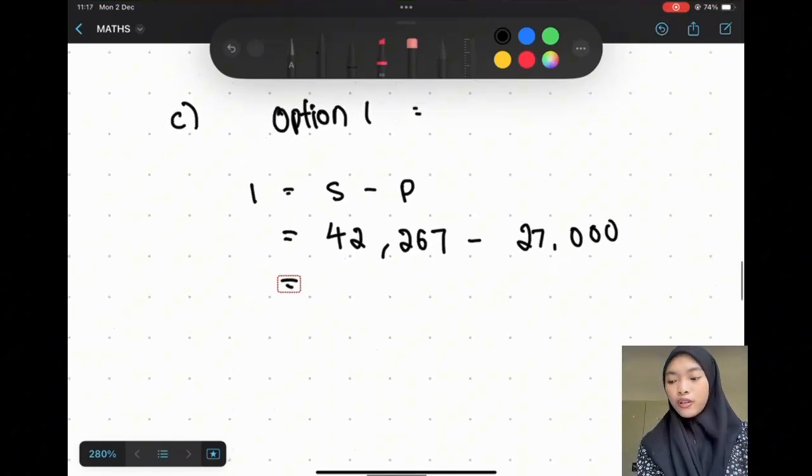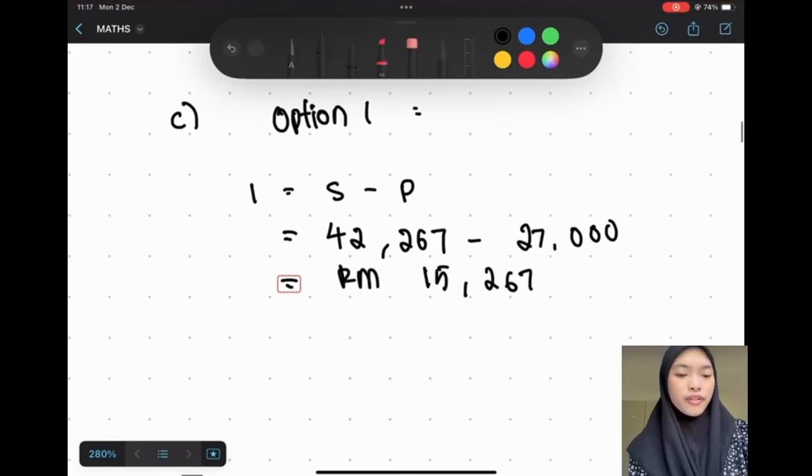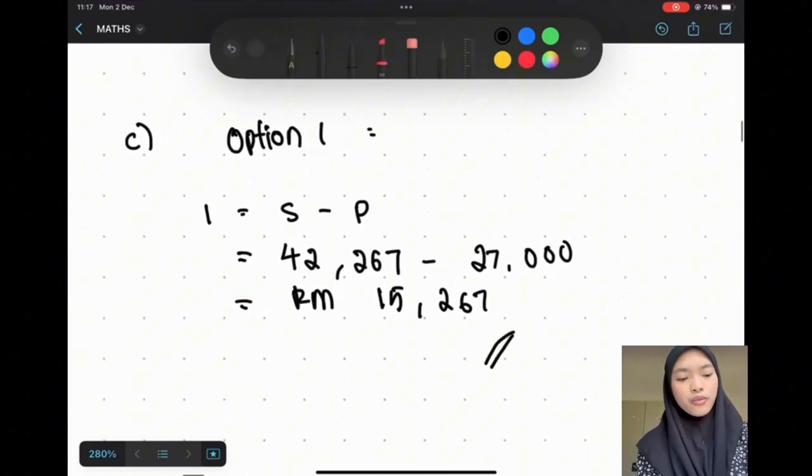So if we calculate it, we got 15,267. That's for option 1.